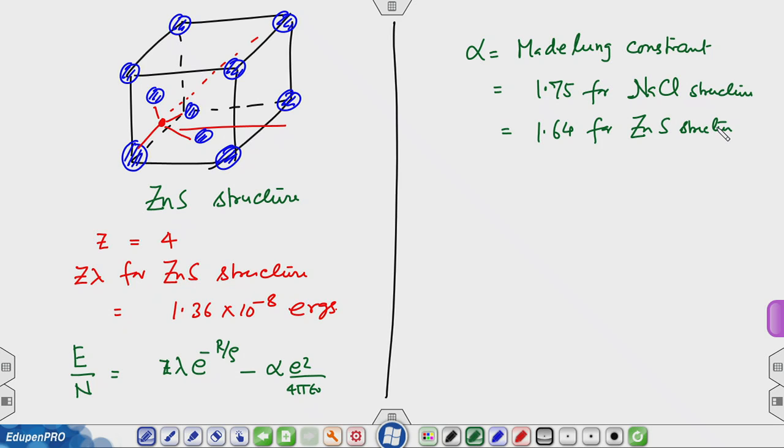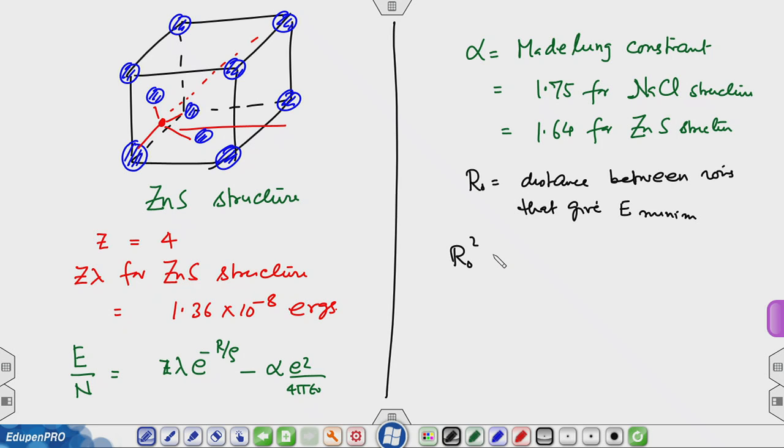When you minimize the energy, the expression that you get for the minimum distance between the ions, R naught, the distance between ions that gives E minimum, is determined by R naught square z lambda over rho e raised to minus R naught over rho equals alpha e square over 4 pi epsilon 0.